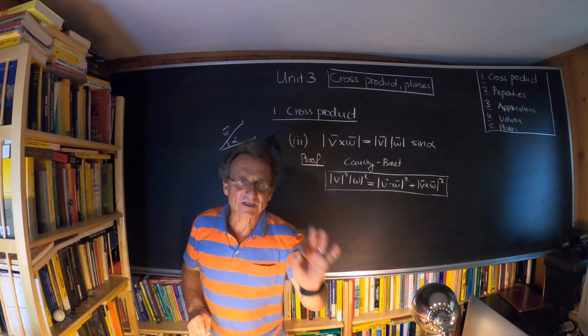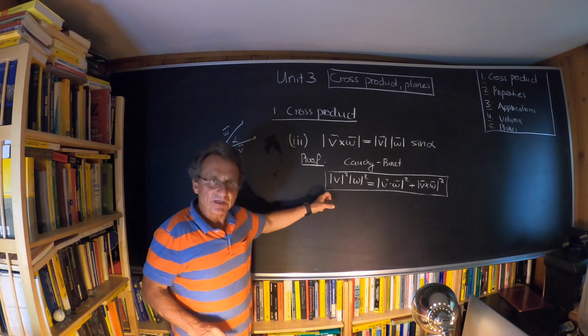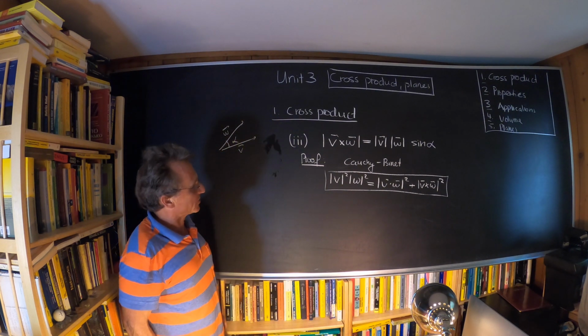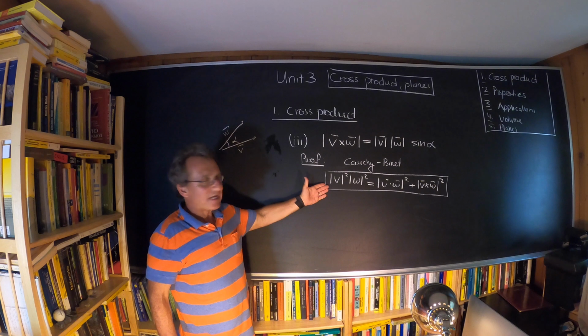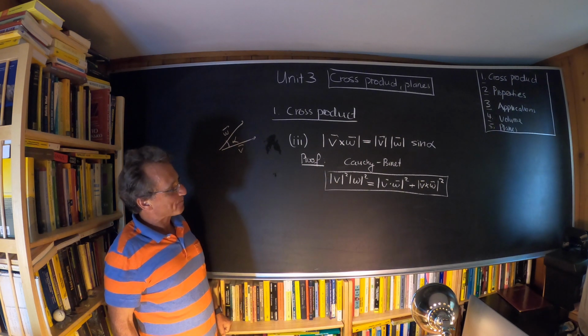I'm not going to prove that here. I will prove that in the lecture in a few seconds. But I'm not doing it here on purpose. You will see why in the lecture. So this is a very beautiful identity. It's an algebraic identity which doesn't involve any angles.